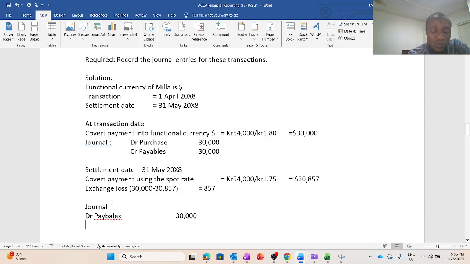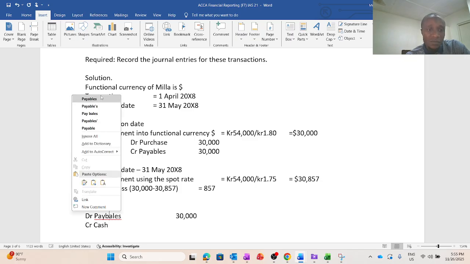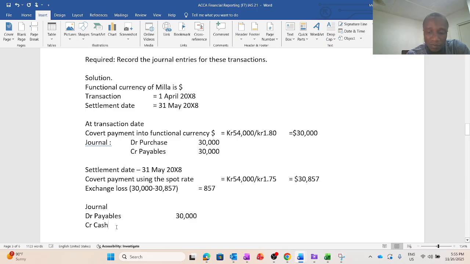Then also we are going to credit the manner in which we are going to do the payment. We are going to do the payment in cash because this is a settlement date. So we are going to credit cash or bank with 30,857 because this is the actual amount we are going to pay.